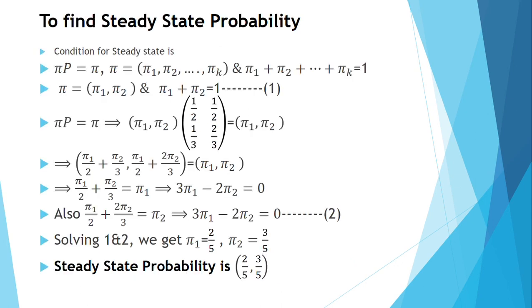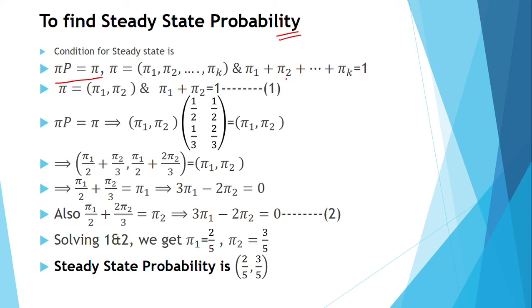To find steady state probability, we know that the condition for steady state probability is what? Pi P equal to pi, where pi is nothing but the row vector pi 1, the distribution of the process. So pi is a row vector, pi 1, pi 2, etc., pi k, with the condition pi 1 plus pi 2 plus ... plus pi k equal to 1.